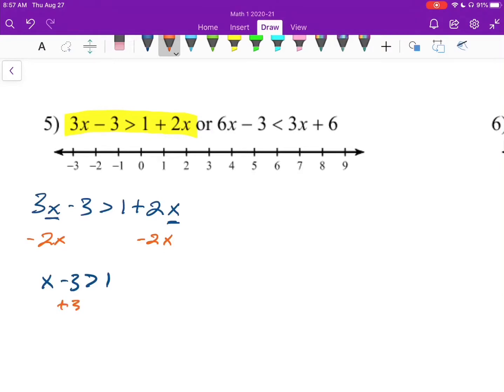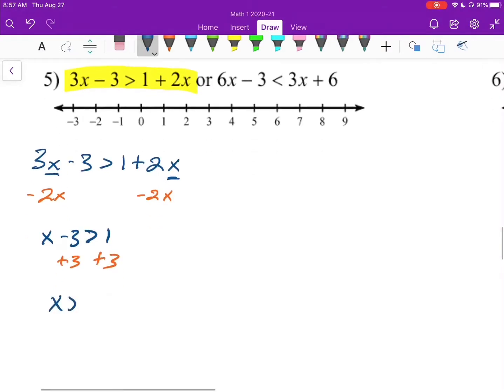I'll add the 3 to both sides, and I get x is greater than 4. I'll graph this one in orange. So I'm going to do an open dot on 4, and it says x is bigger than 4, so I need to shade over here.